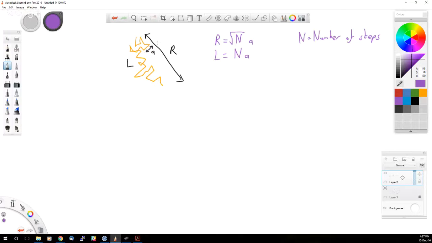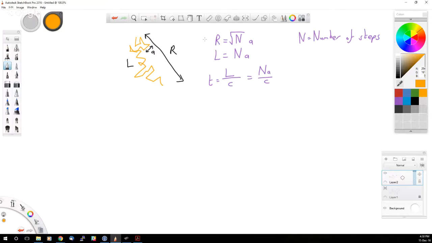And the time taken for this, T, is the distance traveled, which is L, divided by the speed of the cosmic rays, which is basically the speed of light, C. Substituting in for L, we get T equals N A over C. But we don't know what N is.